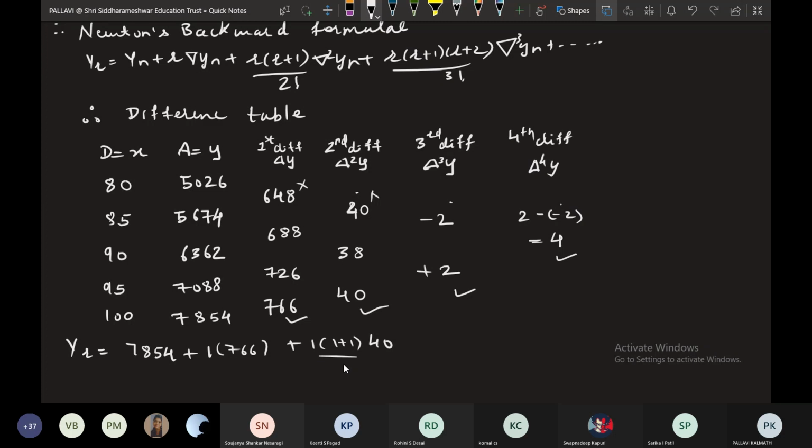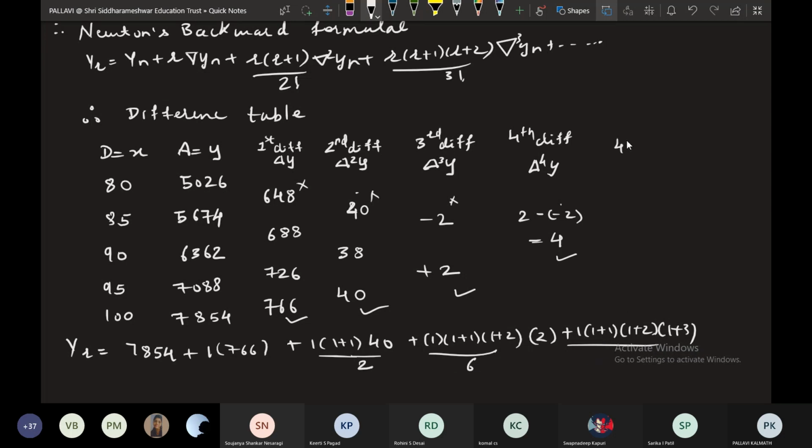Divided by 2 factorial, then r plus 1, r plus 2, divided by 3 factorial which is 6, times the third difference, plus 2. Then next, r is 1: 1 plus 1, 1 plus 2, 1 plus 3, divided by 2 factorial, 3 factorial, 4 factorial.